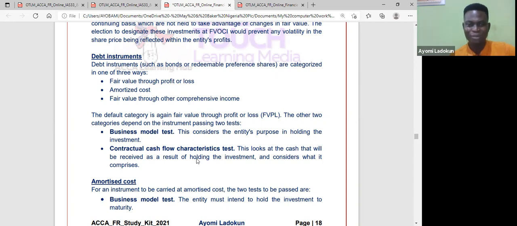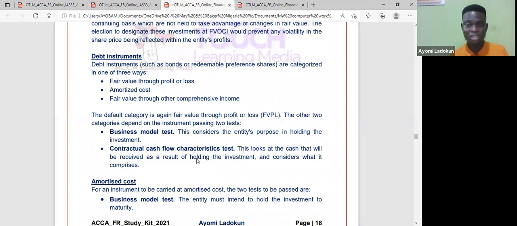Normally, those debt instruments will have the feature of fair value through profit or loss. But before you can do amortized cost or fair value through other comprehensive income, you need to check your business model test and the contractual cash flows.